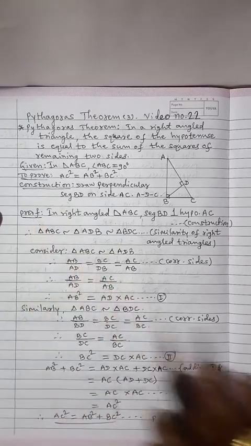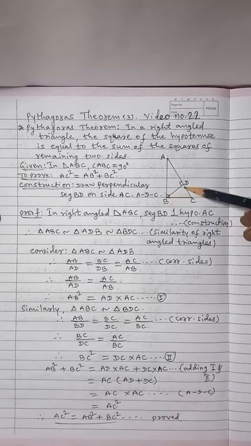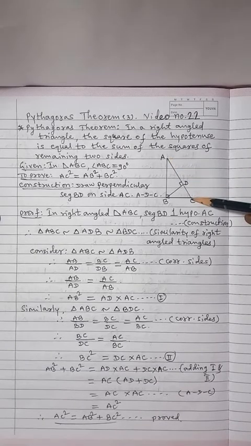Pay attention. We are using the theorem of similarity in right angle triangles. What is that theorem? In a right angle triangle, if the perpendicular is drawn to the hypotenuse, then two triangles are formed.